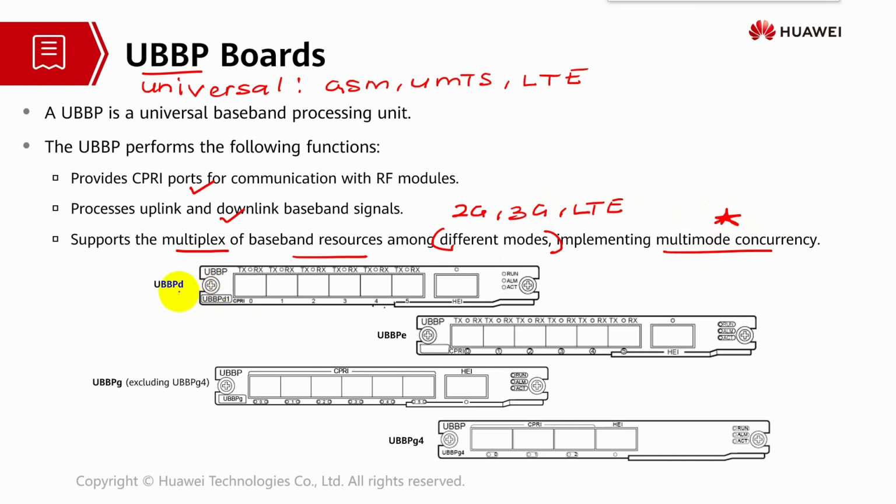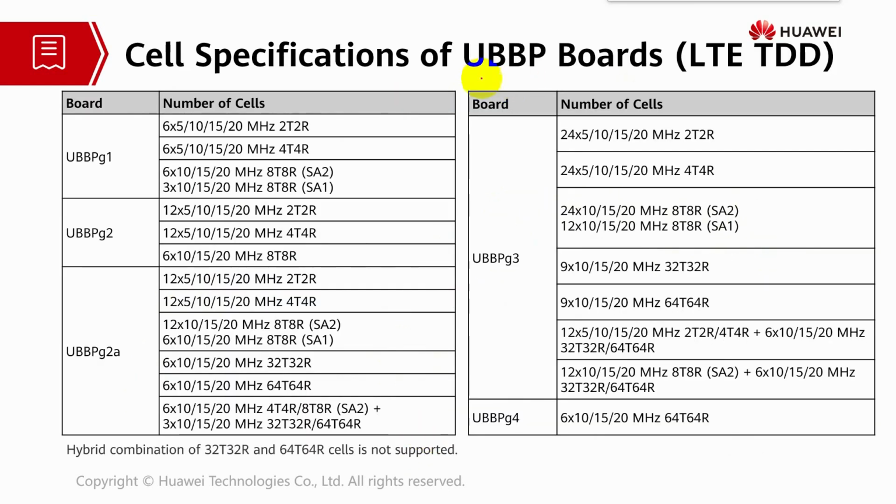So we have different versions of UBBP: D version, G, E and also G4. These are the cell specifications of a UBBP board on a TDD network. Different versions of the board have different capacity. The first number here indicates the cell level.